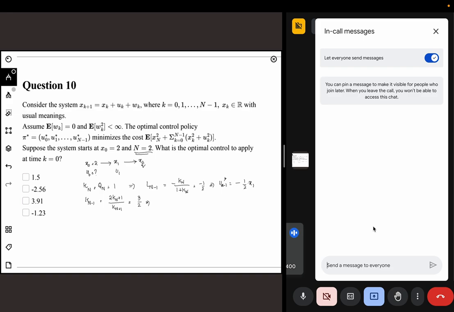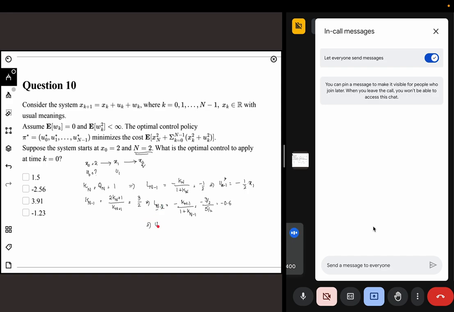So kn minus 1, and from this I can calculate ln minus 1, which is minus kn minus 1 by 1 plus kn minus 1. This is 2 by 1 plus 3 by 2. This is minus 0.6. So once I have ln minus 1, sorry, this is ln minus 2.